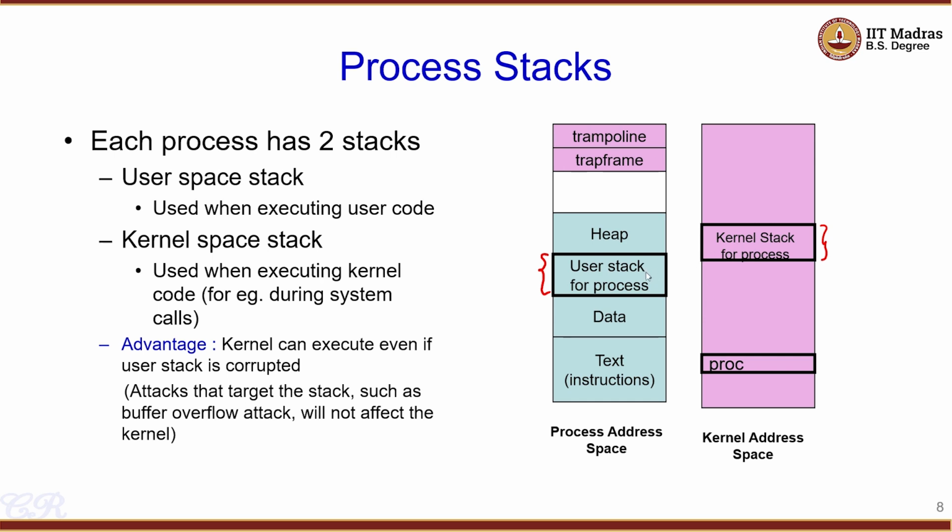Because we have two stacks which are isolated and totally independent of each other, the kernel stack can function independently of the user stack and cannot be affected by any bug or other problems that can occur in the user stack of the process. So, we obtain isolation, and this can prevent a lot of attacks which may otherwise crash the operating system kernel. A popular attack which we will see later during the course is the buffer overflow attack, and your kernel stack would not be affected by such buffer overflows.